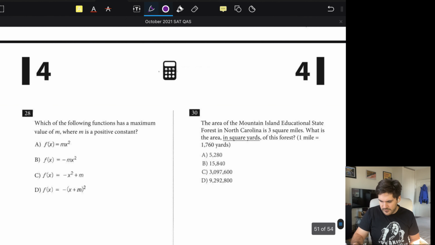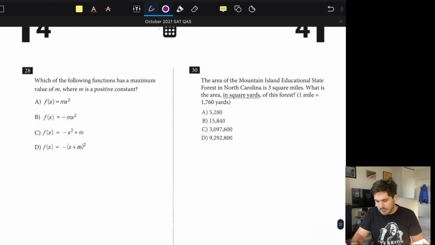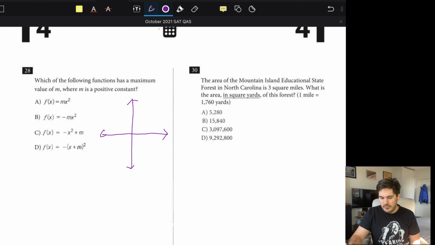28, which of the following functions has the maximum value of m, where m is a positive constant? These are all quadratics. So if m is the maximum value, your quadratic has to look like this for m to have a maximum, which means you have a sad parabola. It won't be A, because in that case m is the slope.